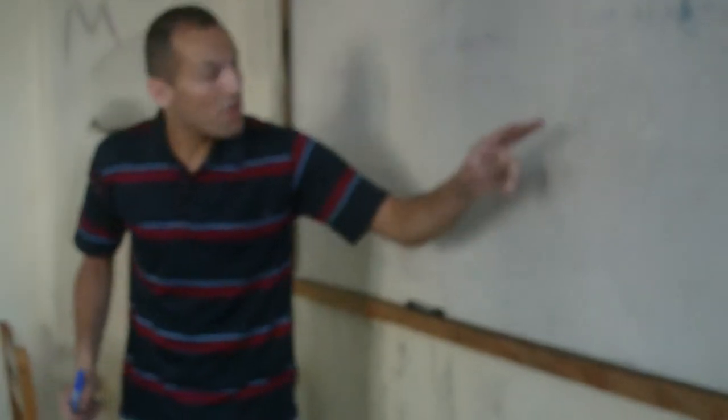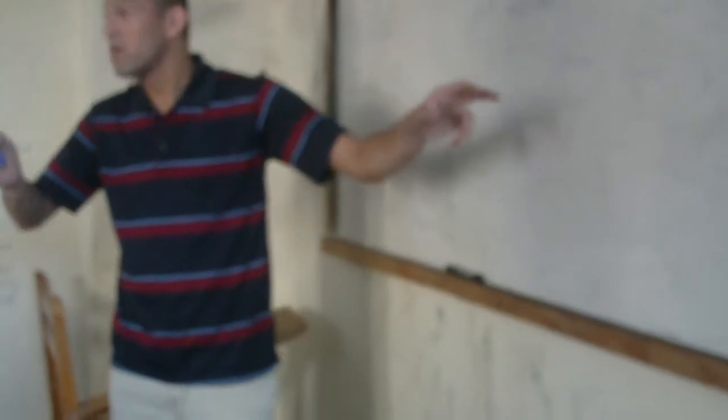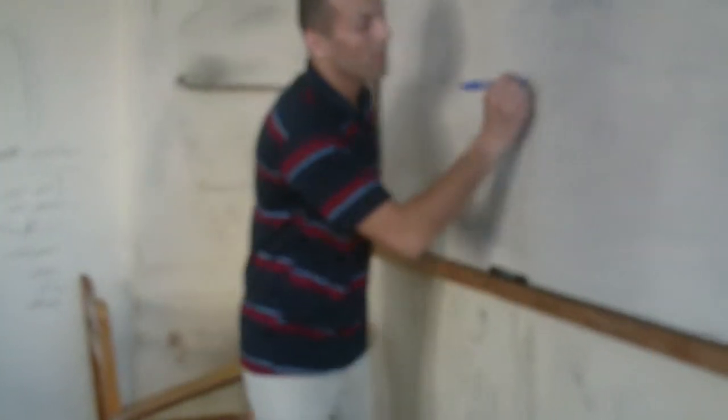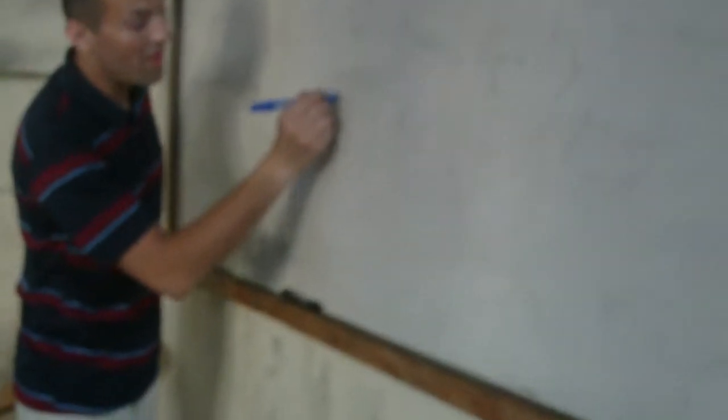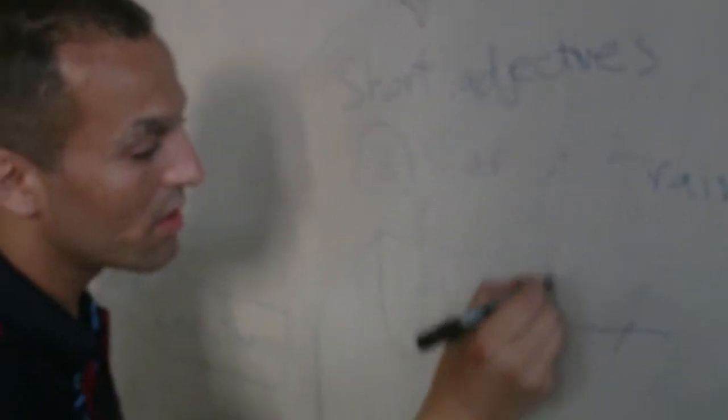And I know that the plane is the fastest. The grammar rule will be the and the adjective plus est. Okay? I would say that the plane is the fastest.